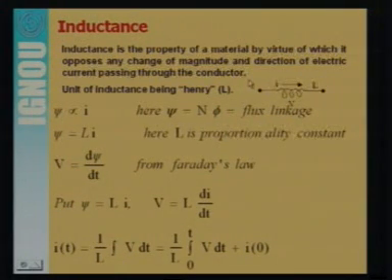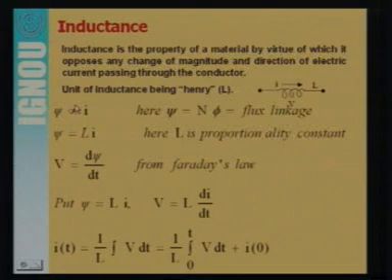Now, we will derive the basic relationship in the case of inductance. Suppose this is the material in coil form which has some inductance L. When the current is passing through this inductor, the flux will link with the turns of the coil, from Oersted's rule.